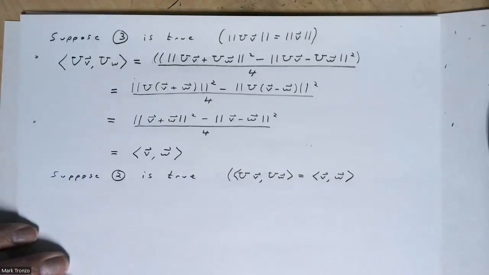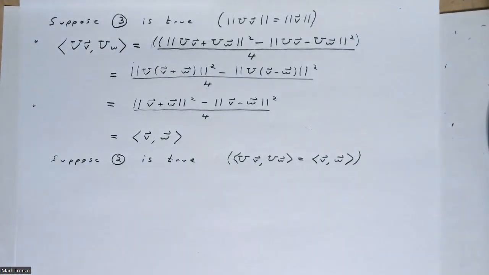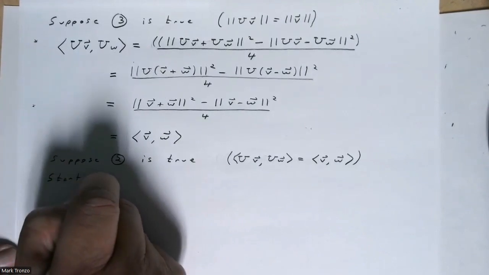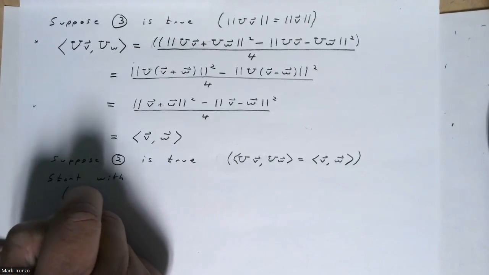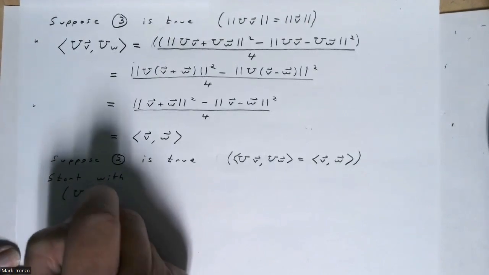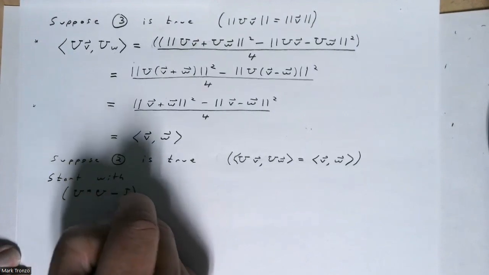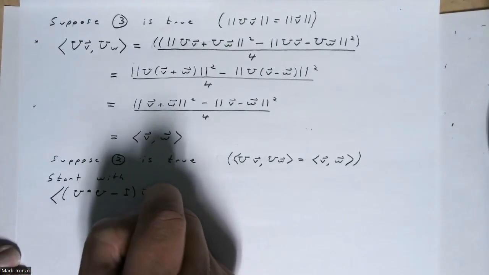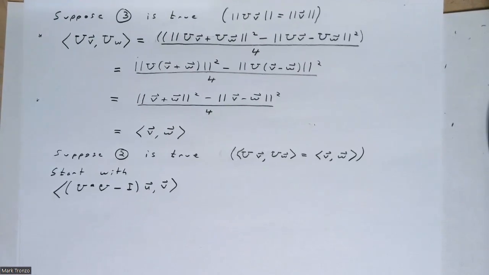So we're assuming we preserve inner products for all V and W in the space. Now let's start with this. Start with U adjoint U minus the identity U, V. So we're starting with this.